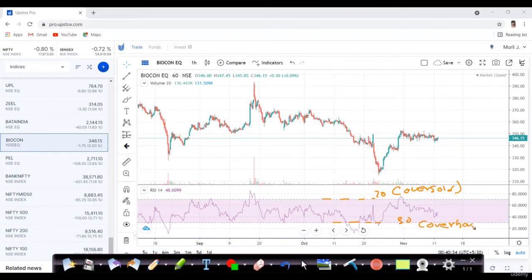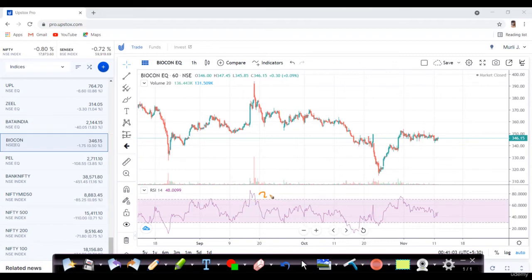That means if the market is above 70, it's already overbought, so it does not make any sense to go for a long position now. Unless and until the market is again below 70, then you can go for the trade.